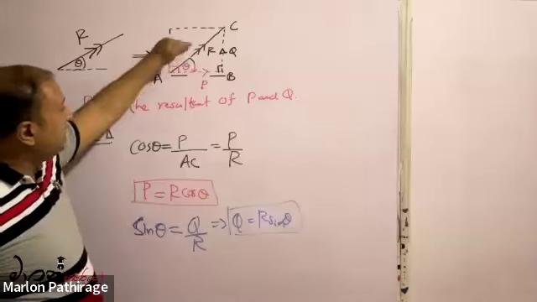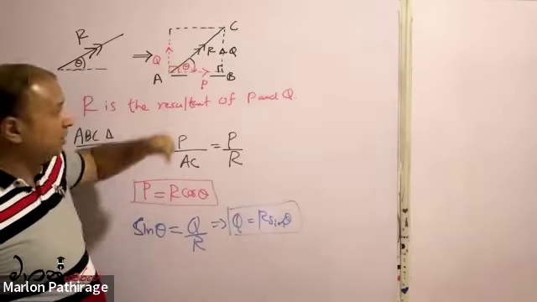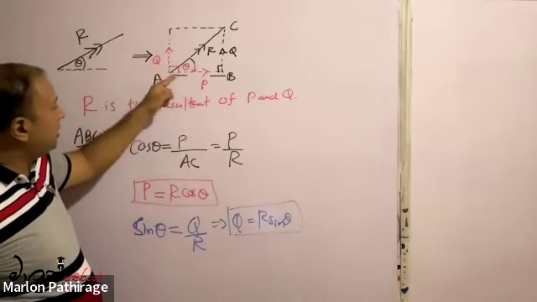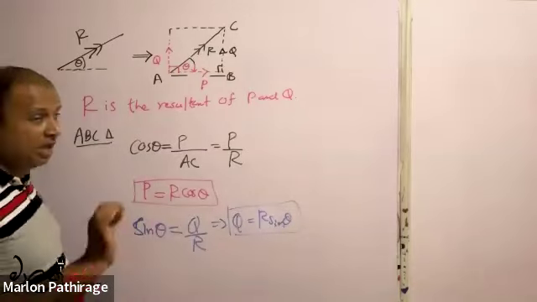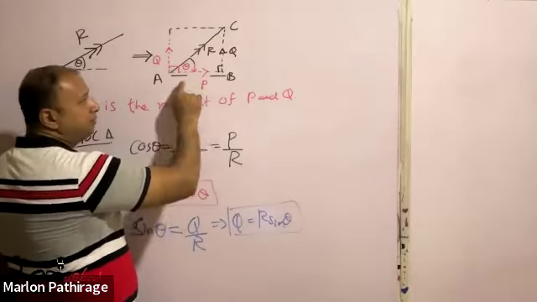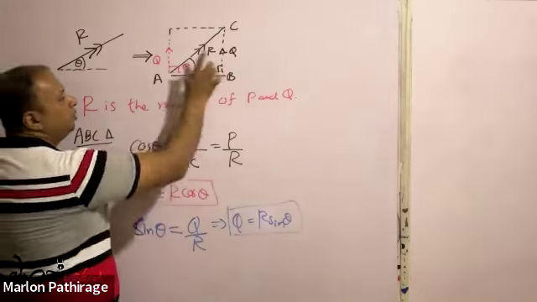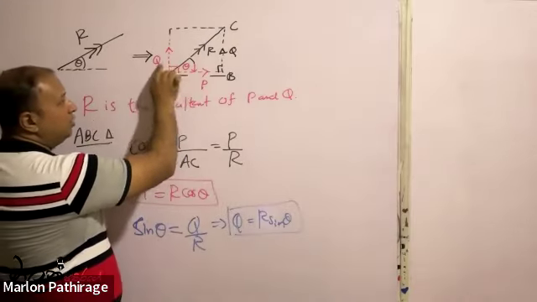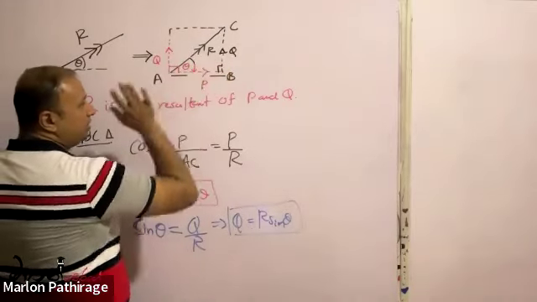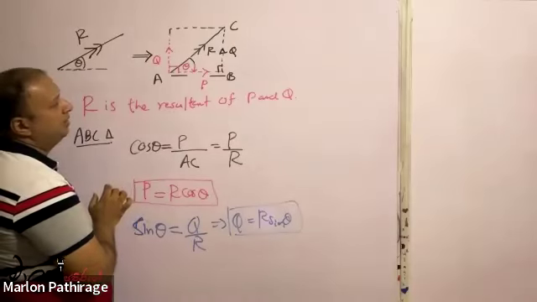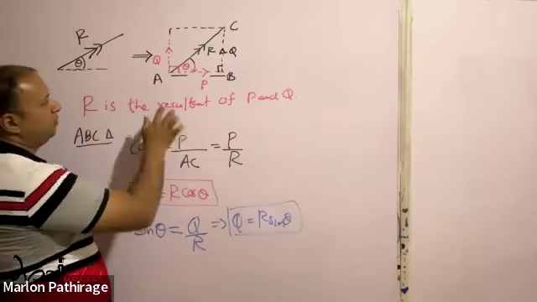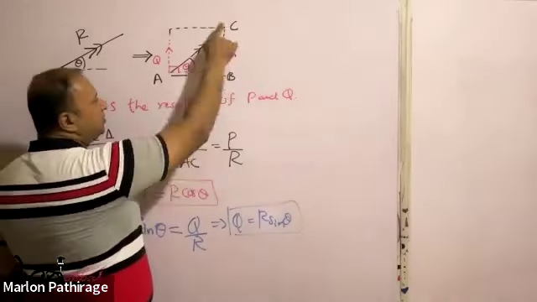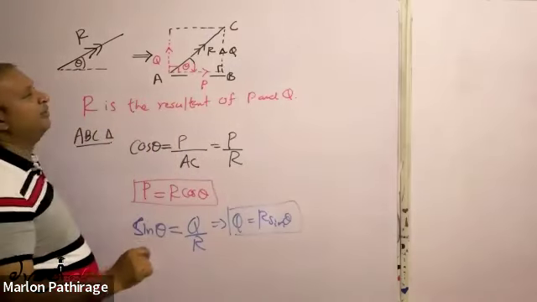You know R is the resultant force of P and Q. Therefore, I can complete the vector parallelogram to take P and Q. This angle is theta, and these two sides should be Q. As P and Q are perpendicular to each other, this angle is also 90. Therefore, this triangle ABC is a right angle triangle.